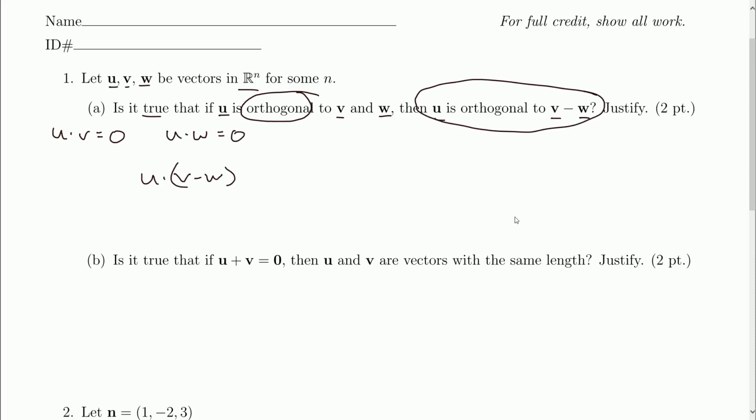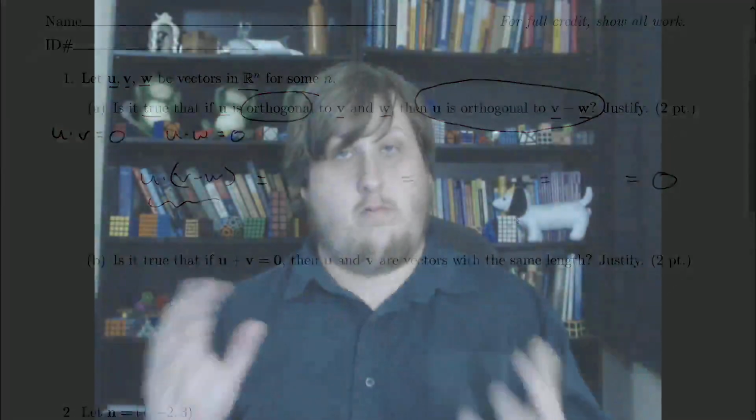Well, if I think it is, then I should be able to take this expression and do a whole bunch of equals and equals and equals and get down to a 0. If I think something isn't true, okay, maybe it's a true or false question, a good idea to showing that it's false would be to think of a vector u and a vector v and a vector w that satisfies the initial conditions.